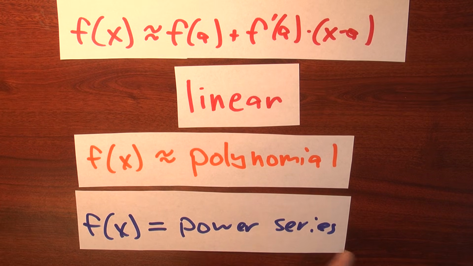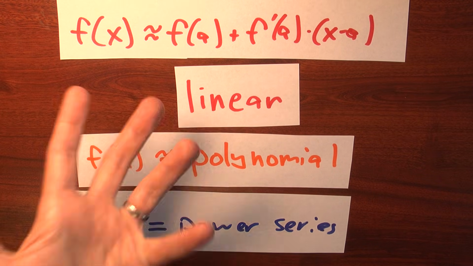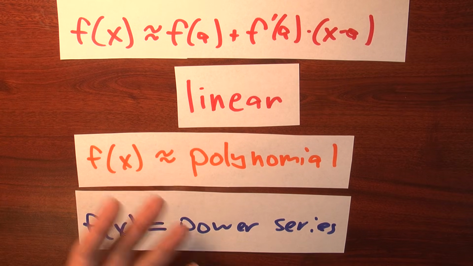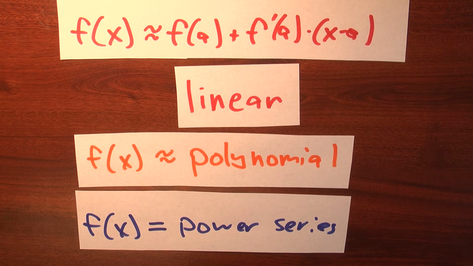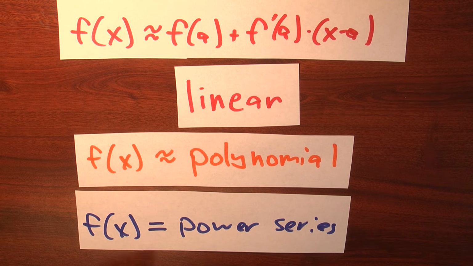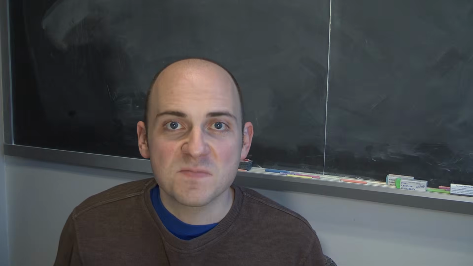A power series is a lot like a polynomial that just keeps on going. So if a degree 10 polynomial is doing a better job than just a linear approximation, and if a degree 1,000 polynomial would do an even better job, maybe the power series, if we just kept on going forever, would do such a good job that the function would actually be equal to some power series. That is a huge thing to hope for, but sometimes dreams come true.